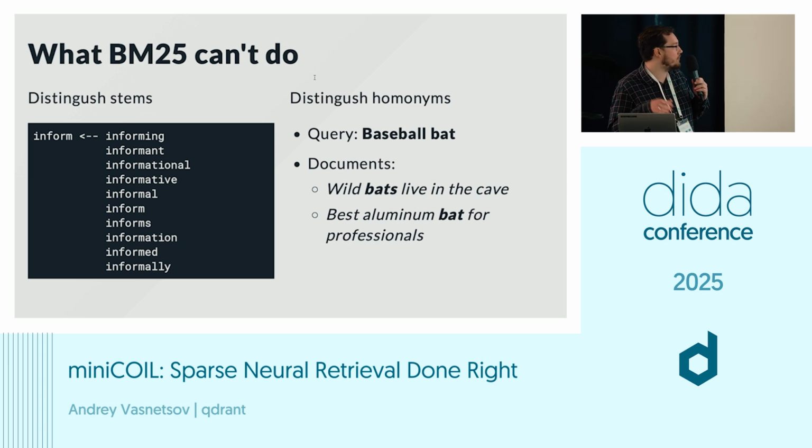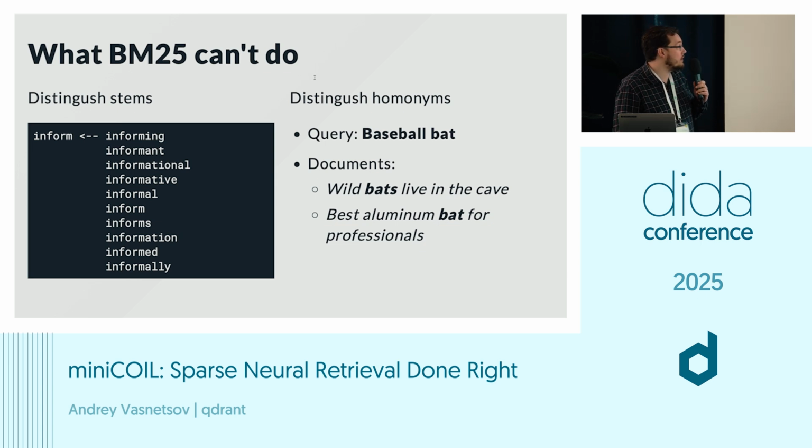We just cut off the suffix of the word, and this process does help BM25 to find more matches, but at the same time it loses information that was originally there, right? So you cannot say that all of these words actually have the same meaning. They all come from the same root, but at the same time they have nuances which BM25 just cannot distinguish. It's all converted into the same token, and you have to deal with it.